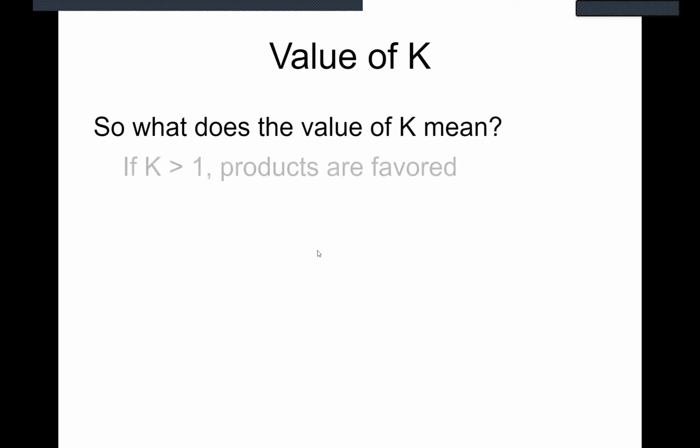All right. So we've calculated a value for K. In our example, the value for K was 0.06. What does that mean? Well, in calculating K, you remember that it's a ratio of concentrations of products divided by reactants. If that ratio is greater than 1, that means that at equilibrium, there's a whole lot of products.